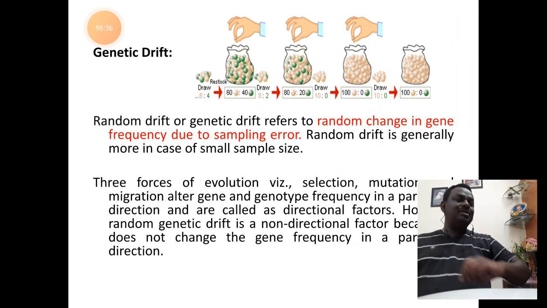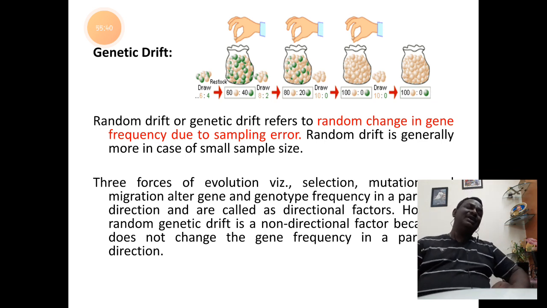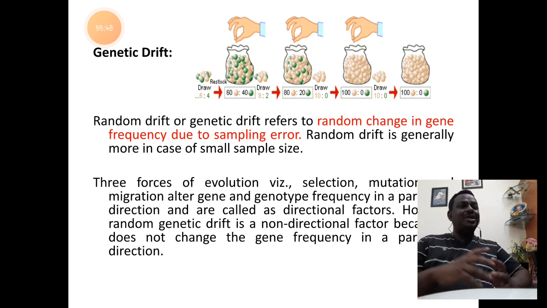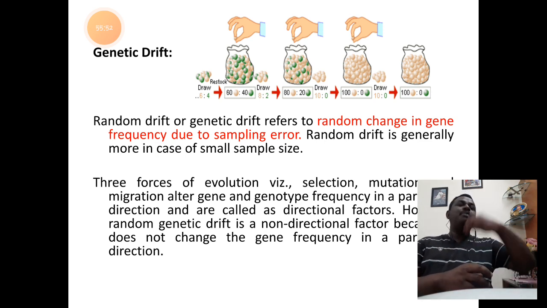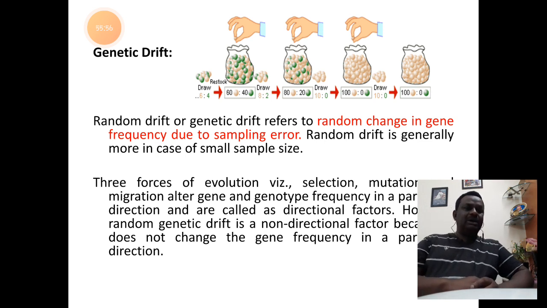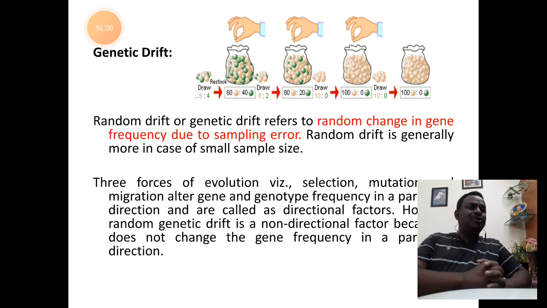Similarly, another important concept which acts as a natural force on the Mendelian population is genetic drift. Genetic drift or random drift refers to random change in gene frequency due to sampling error, selection error. This generally happens in a very small group of population.